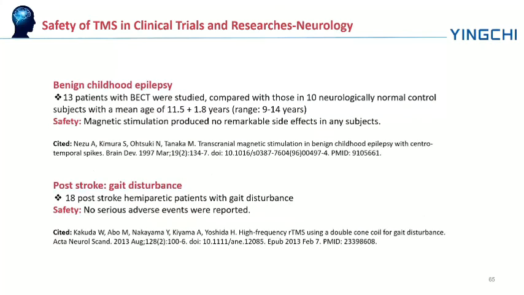As for children with childhood epilepsy, the magnetic stimulation produced no remarkable side effects in any of these subjects. And for people who have gait disturbance after stroke, no serious adverse events were reported in these patients. So that's all for my lecture 1.